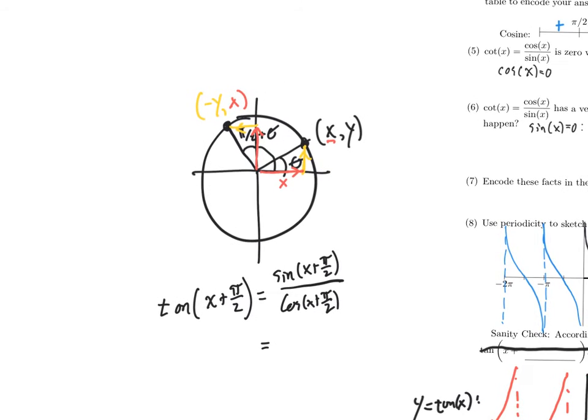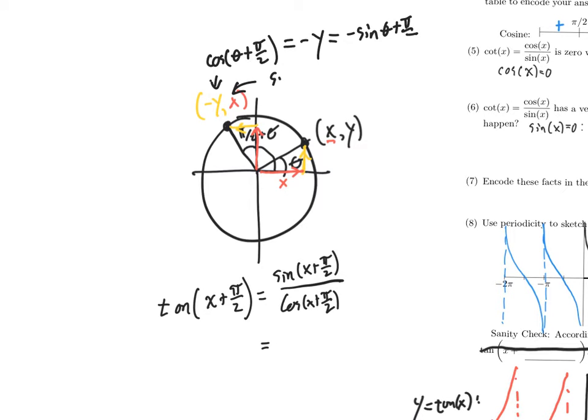So what does this say? This says that cosine of theta plus pi over 2, because that should be the new x coordinate, is the same thing as negative y, it's negative the old y coordinate, is equal to negative sine of theta.